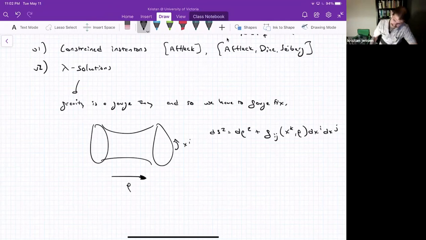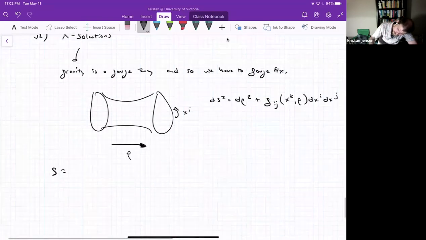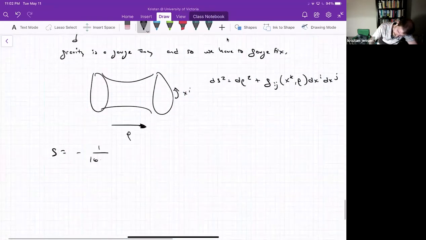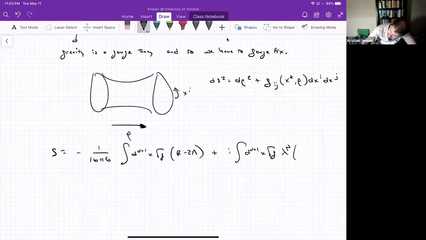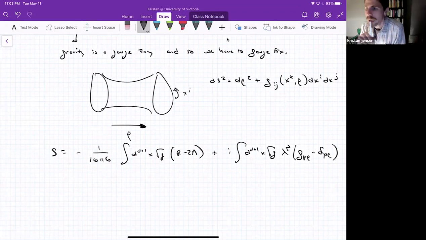And this is implemented in the path integral through an action that is the usual Einstein-Hilbert action plus a gauge fixing term, lambda mu times the gauge fixing condition, which if we wrote it out, would look like that. And well, that's what we have to do.